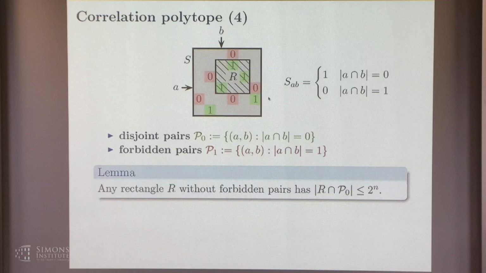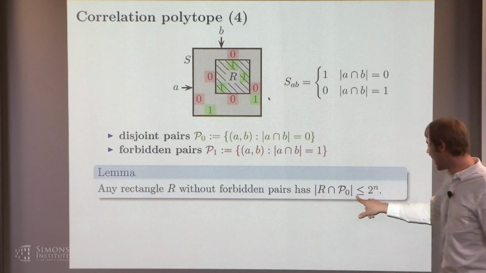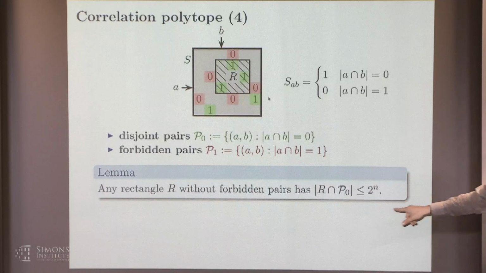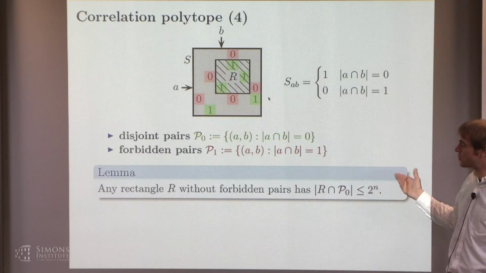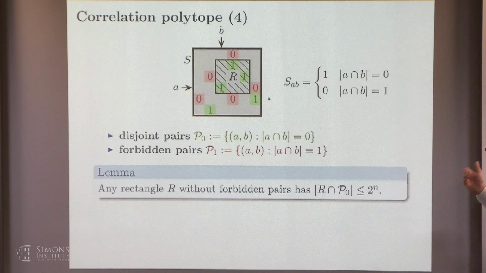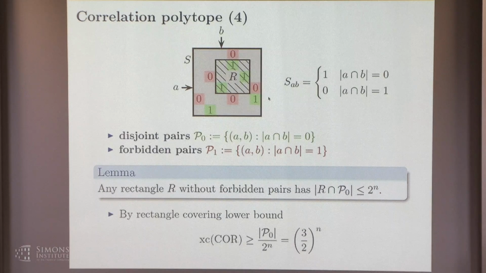And then just bound how many of those 1 entries you can have. In fact, one can show that this is at most 2 to the n. Now, how many rectangles do you need to cover 3 to the n many entries if every rectangle can cover at most 2 to the n? OK, you can do the math. So that's exponentially many.